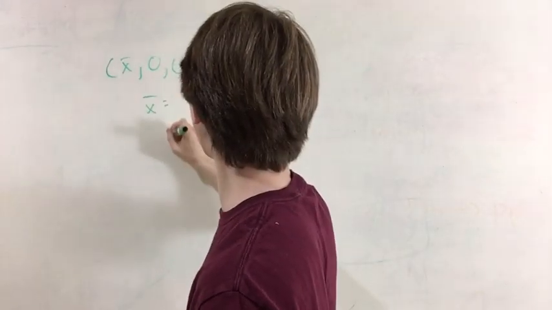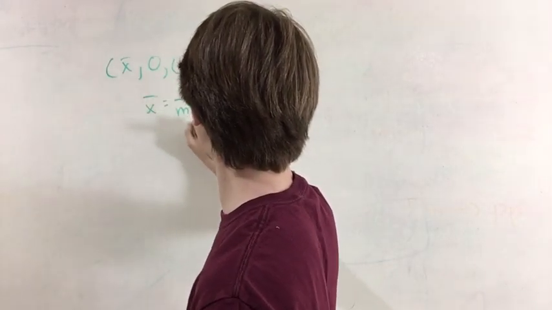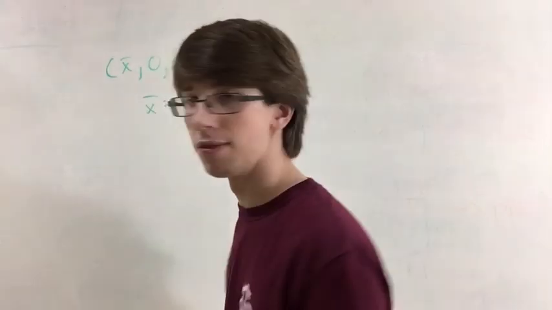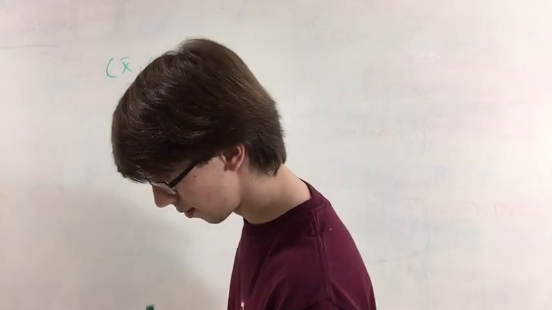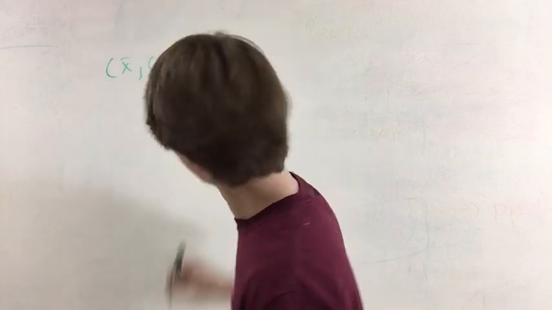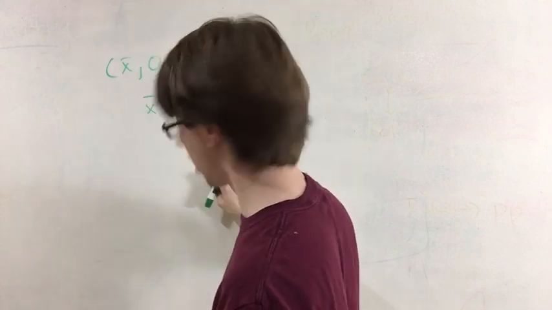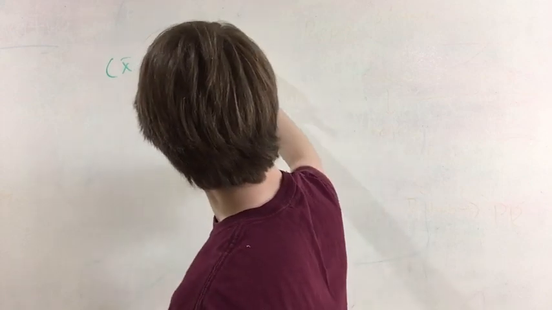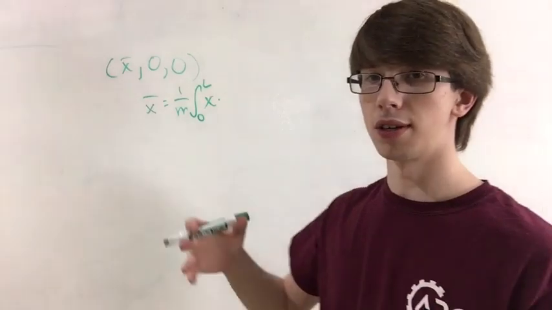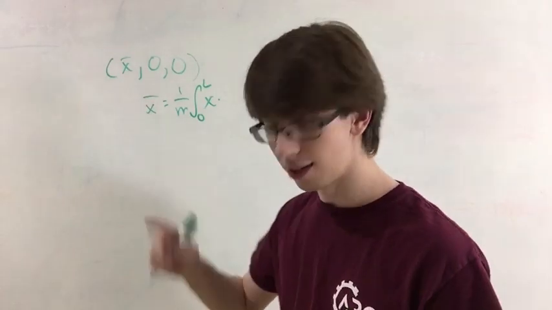x bar is equal to 1 over m integral, well, technically we only need to do one integral because we're in one dimension of space. And that is going to be from 0 to L. That's our bounds there. x times your density function in terms of x, y, and z, which is lambda.